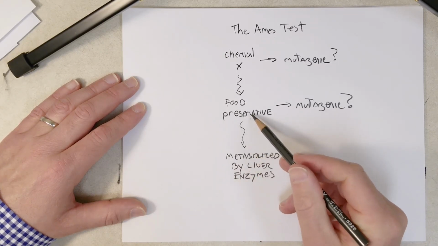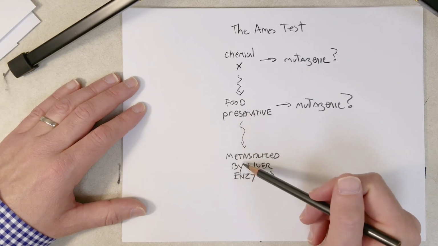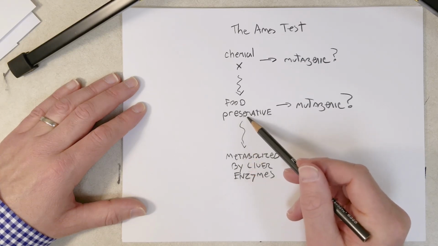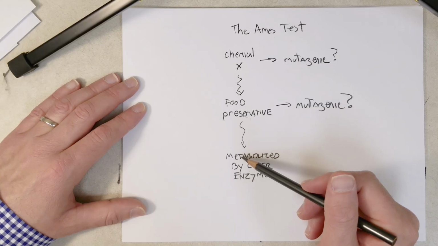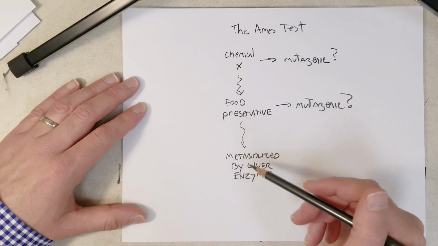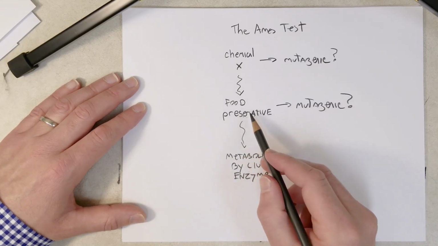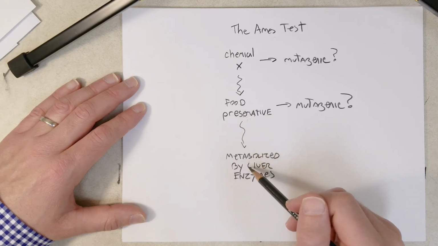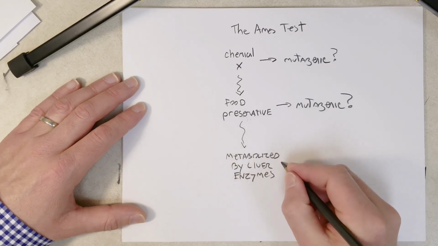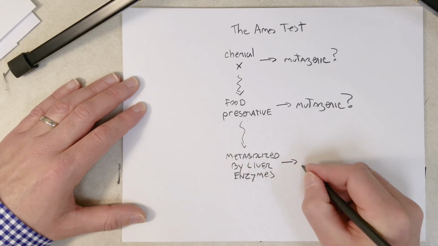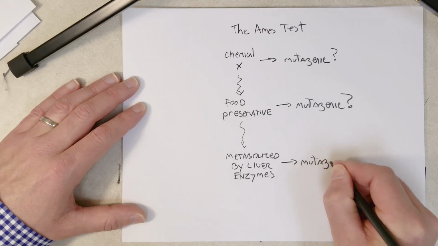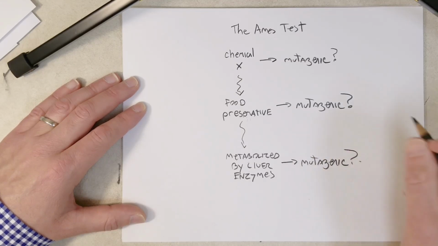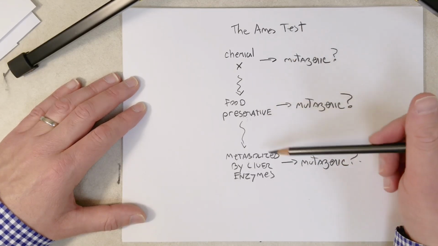Those products, after metabolism of the preservative or any chemical, could themselves be mutagenic. So what if that food preservative, if we ingest it, is shipped to our liver and metabolized by liver enzymes into some products we don't really know what they are, but are those products mutagenic? The Ames test can look at all these different things.